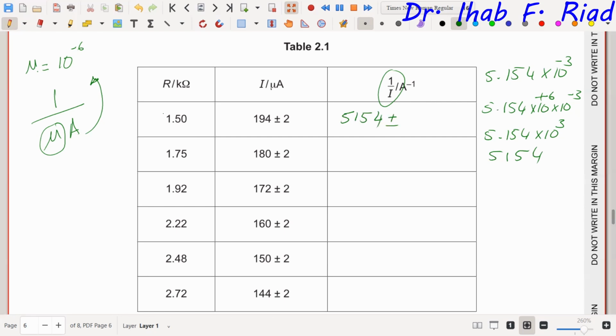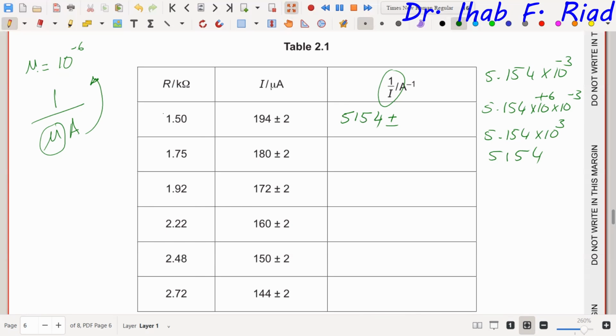Now we need to calculate the absolute uncertainty. How do we do that? Okay, we will find the maximum minus the average. Not really. Do it like this, Dean.